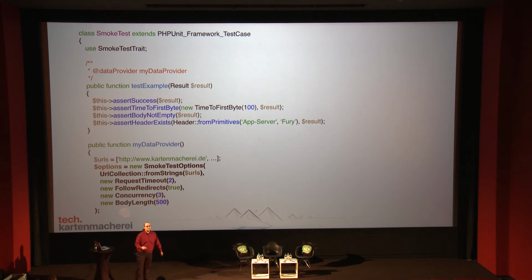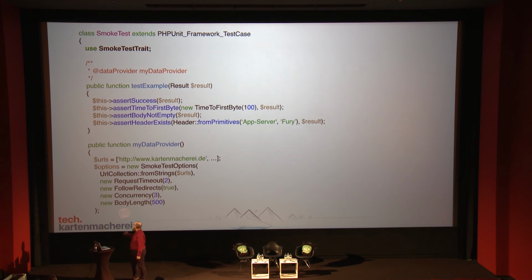The body length, just to repeat, is not there for handling and testing the body. It's just there for two purposes. First, to check if there is a body transferred. And second, usually in the first 500 characters, you get the PHP warnings and the exception messages if something is failing. So it gives you a proper debugging output when something is failing.